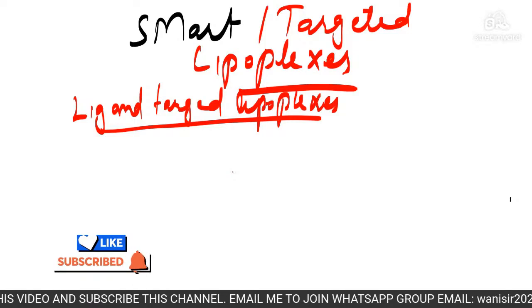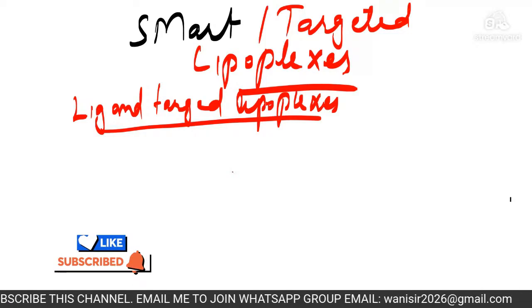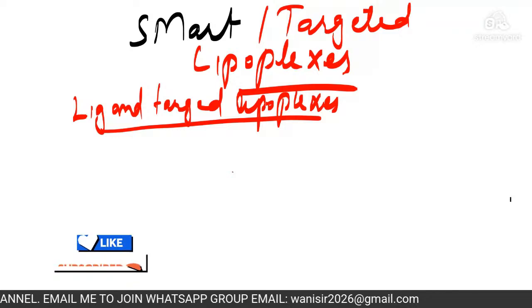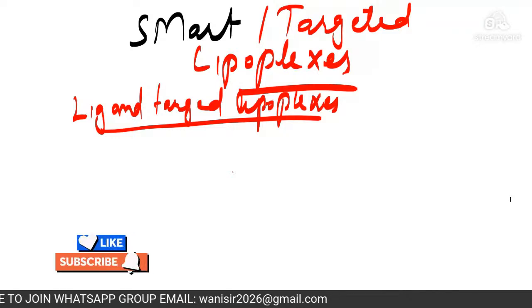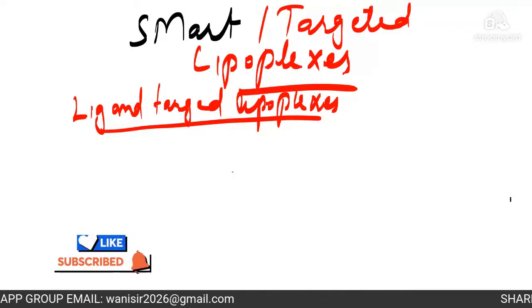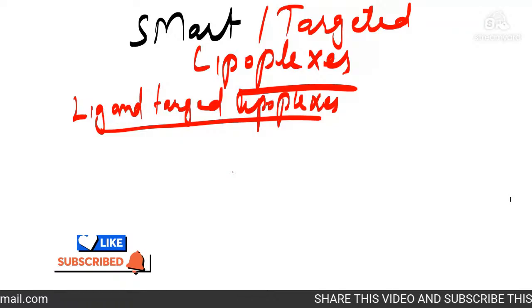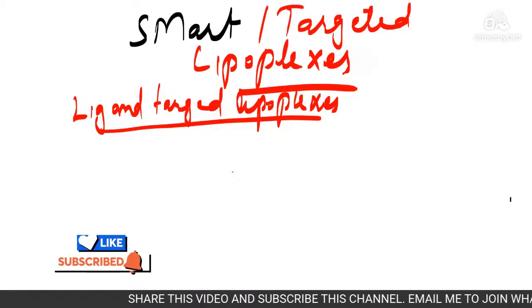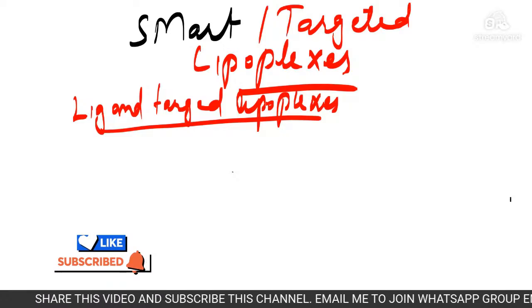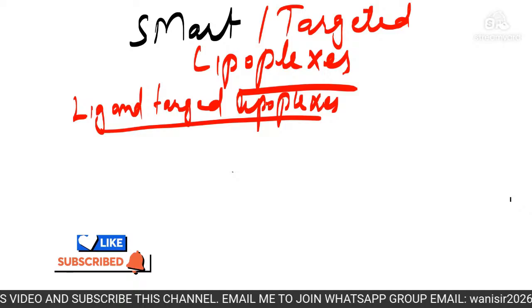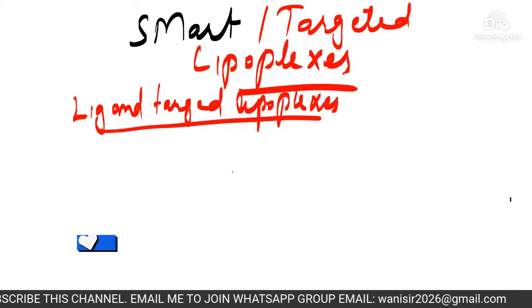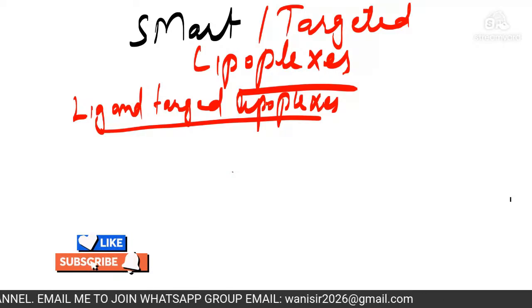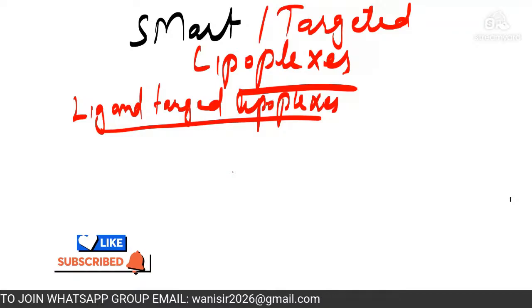Molecules like antibodies, peptides, or growth factors are attached to the liposome surface, and these ligands specifically bind to the receptors on target cells such as cancer cells or immune cells. When an electric pulse or circulation brings them closer to the right cell, gene delivery becomes cell type specific.